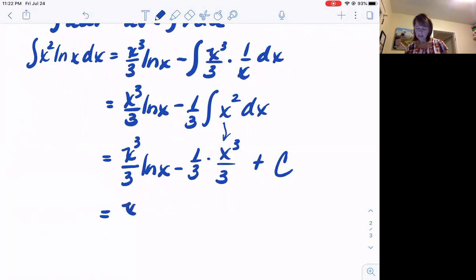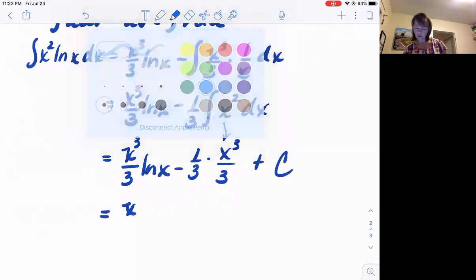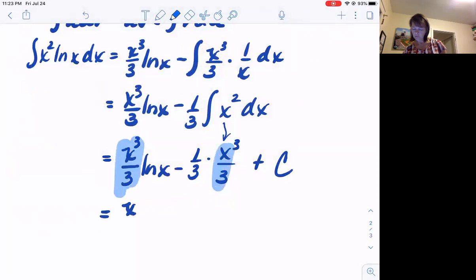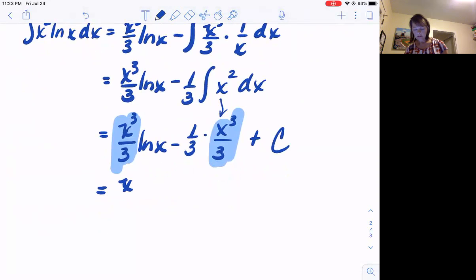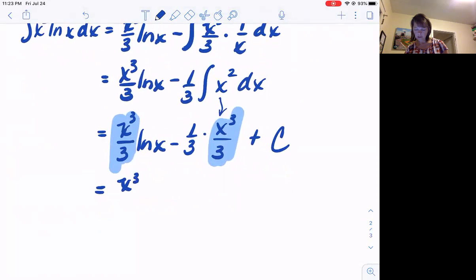And we're going to then simplify. Sometimes we like to take a common factor, and we're going to take the common factor of x cubed over 3 and pull that out of the two terms. And keep in mind, we don't know what c is, times the quantity ln of x minus 1/3.